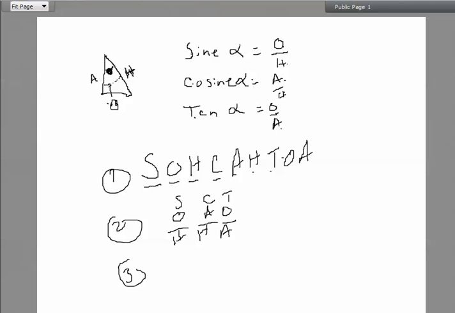I've had "some old horse caught another horse taking oats away." Any acronym that you can use to help you remember how these things are put together, you will use that information over and over and over again.